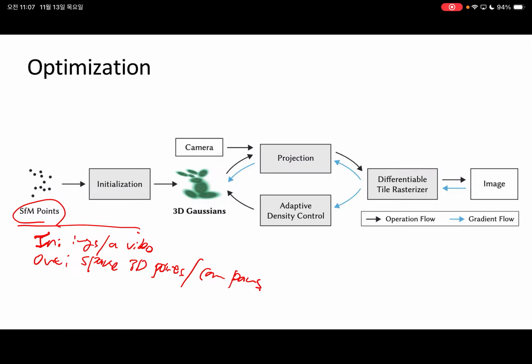So assuming we have a video, we can run structure from motion and get sparse 3D points and camera parameters, which become the initialization of 3D Gaussian splatting.